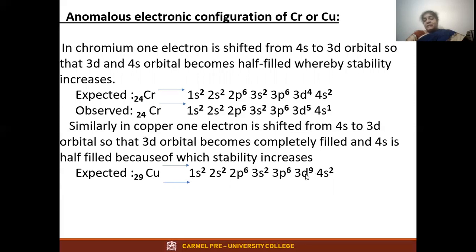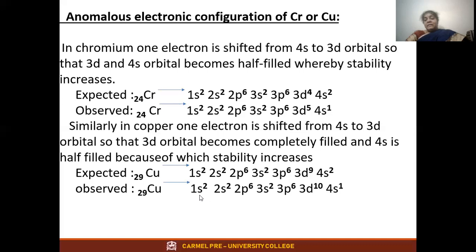Here 3d9 is partially filled, but all other orbitals are completely filled. But see what happens in the next case. Copper 29, here one electron from 4s goes to 3d. So it becomes 3d10, 4s1.